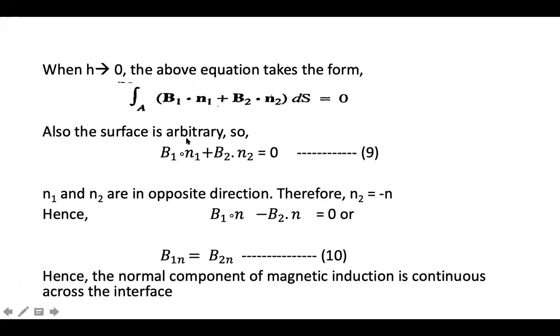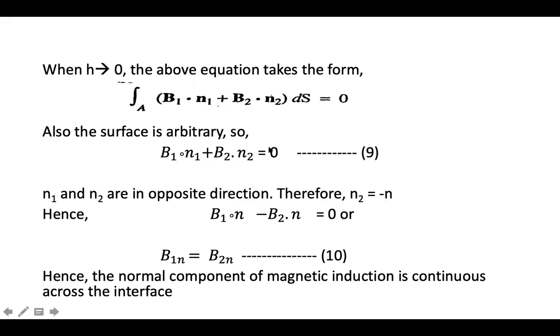Also, you know that the surface is arbitrary. Hence, we can remove the integral and take the values like this: B1 n1 plus B2 n2 is equal to 0. And n1 and n2 are in opposite directions. Therefore, if n1 is equal to small n, then n2 will become minus n because of the directions.